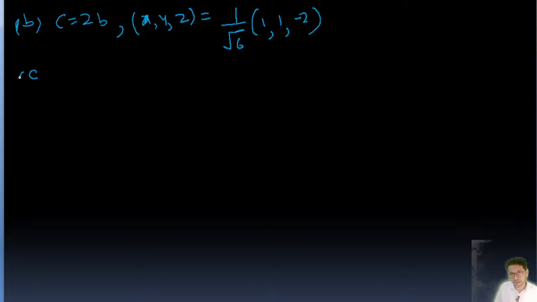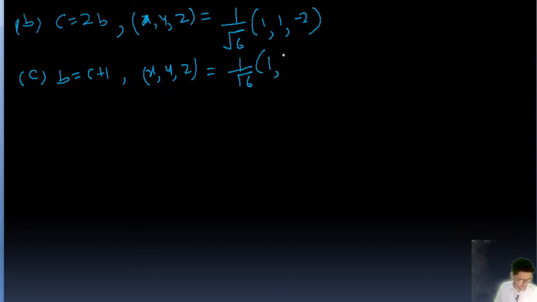And option C is b equal to c plus 1, with x, y, z equal to 1 upon root 6 times (1, 1, minus 2).